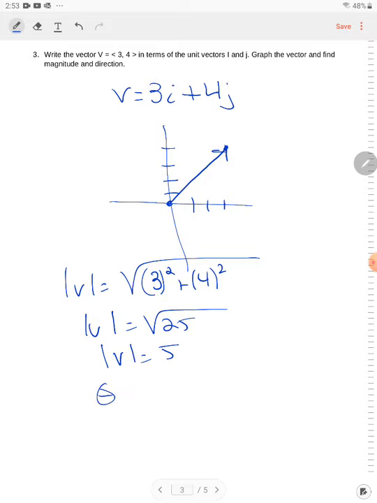So theta is equal to tangent inverse of 4 over 3. Tangent inverse of 4/3 gives 53.1, so theta is approximately 53 degrees. That means this angle from the x-axis is 53 degrees.